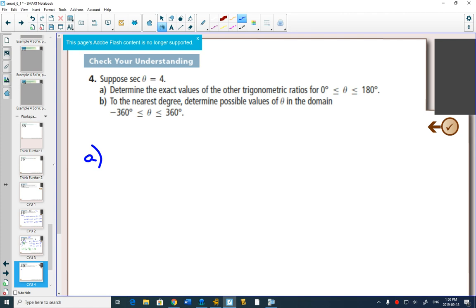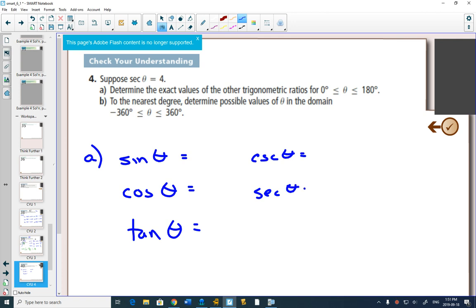You want to find all the other trig ratios. So we want sine of theta, cos of theta, and tan of theta. Those are our primary trig ratios. And we want to also have cosecant of theta, secant of theta, and cotangent of theta. Those are all the 6.